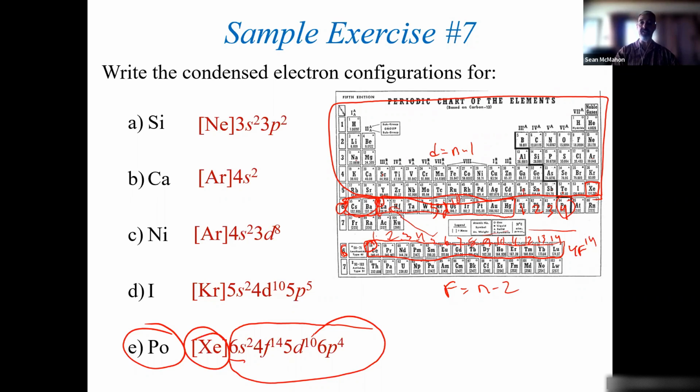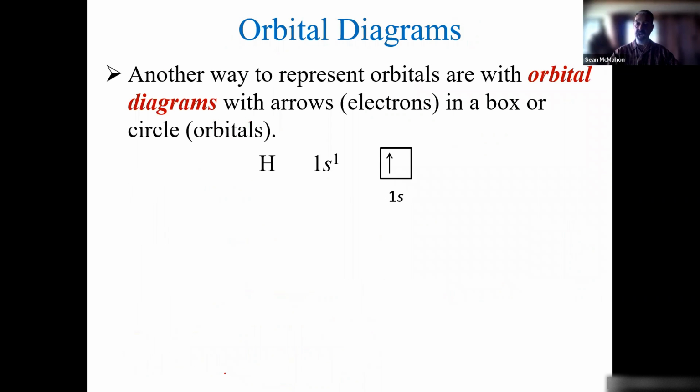With electron configuration, you can write all the electrons in the full version, or we were doing the condensed, shorthand version, where we shortcut the core with the noble gas. But when we do orbital diagrams, to show not just the sublevels but the number of orbitals in each sublevel and the spin of the electrons, we only want you to write the valence electrons, and we're using boxes and arrows.